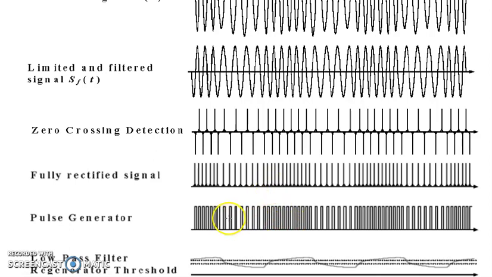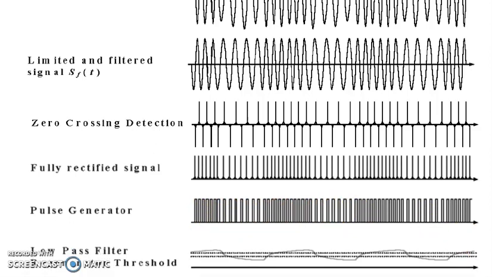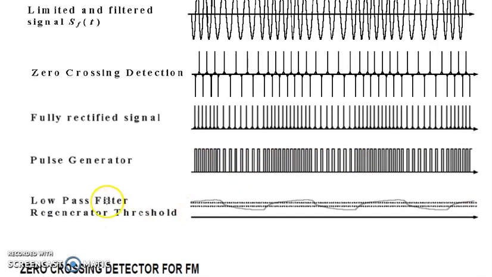Okay. Now the pulse generator output, which has many pulses of equal width, is passed through the low pass filter, which has a threshold value. Here you can watch that where the frequency is greater, the amplitude is increasing, and if the frequency is decreasing, then the amplitude is decreasing.